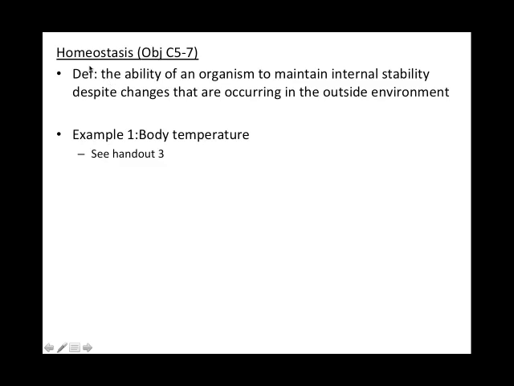And that's what we call homeostasis. It's that internal stability. Again, that includes things like maintaining heart rate or adjusting heart rate in response to different conditions, breathing rate, blood pressure, body temperature, water balance, all of that is part of homeostasis.